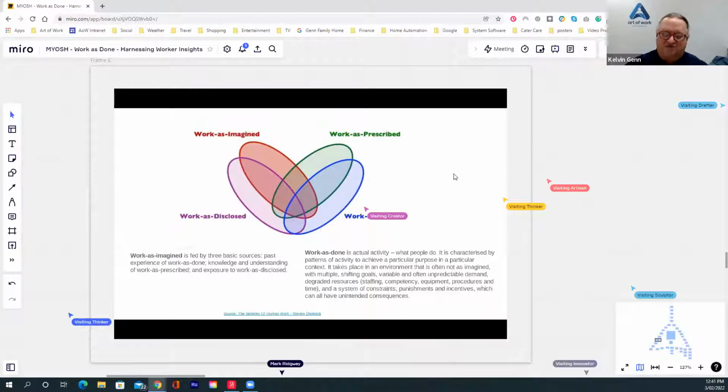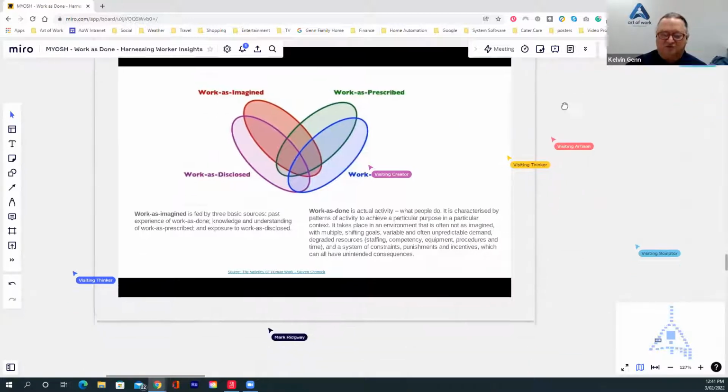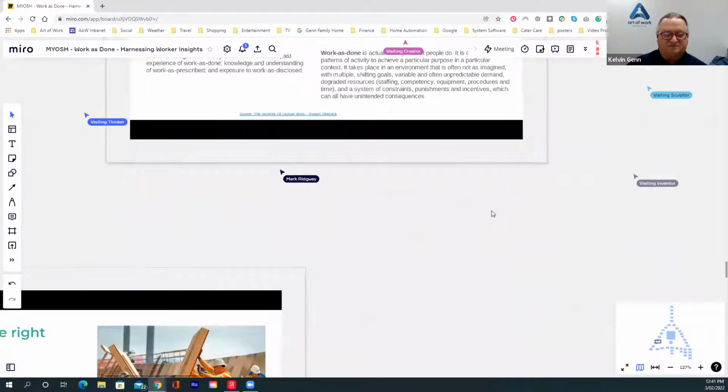So part of the process is recognising that there's a gap here, and part of the intention of this process is trying to increase the amount of overlap between these conditions to try and improve the relevance of the way that we design our systems and processes to put more successful work methods in place.